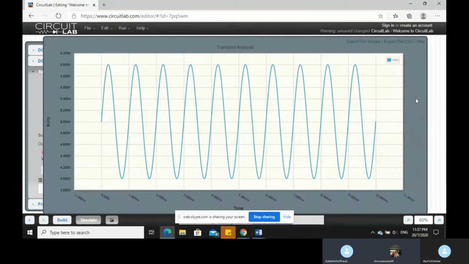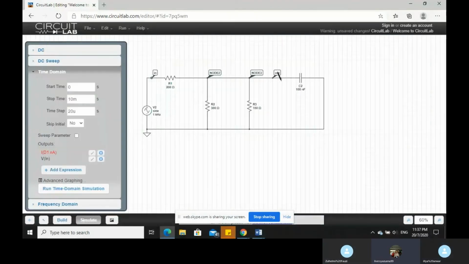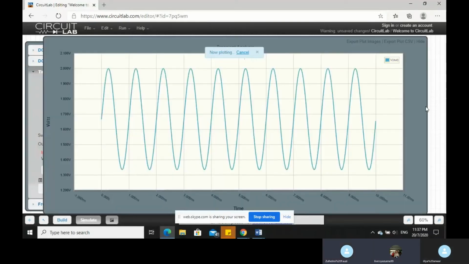Okay, this is the input waveform, and the next, the output waveform.